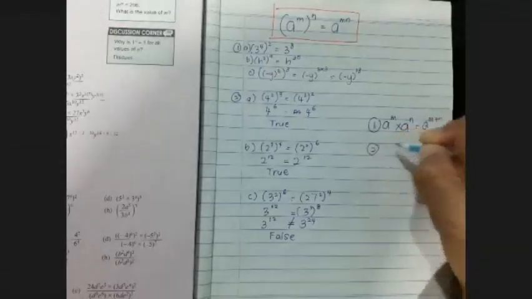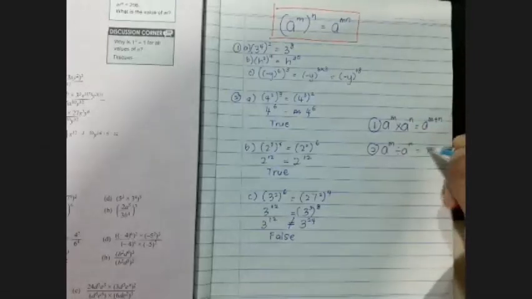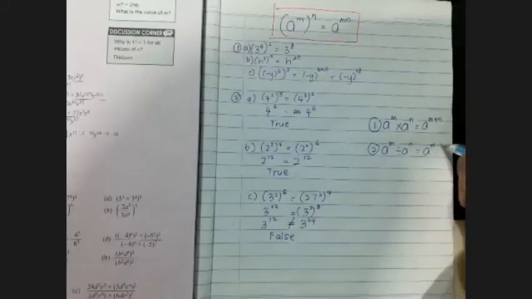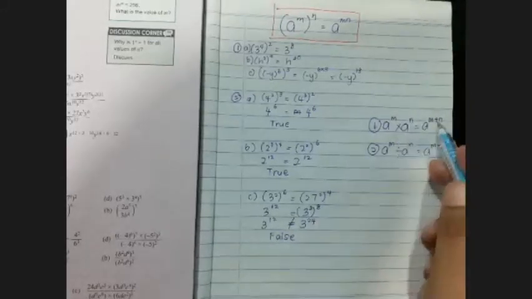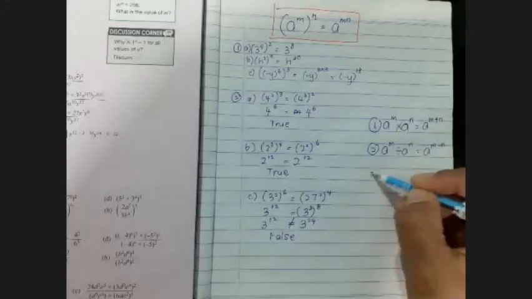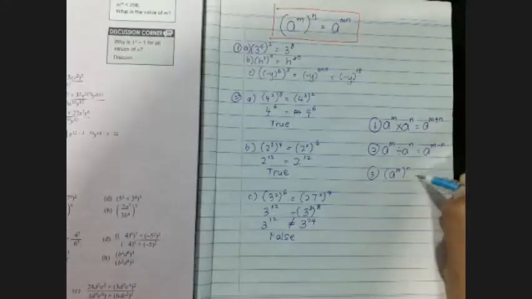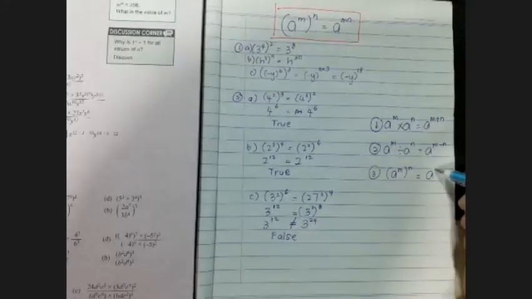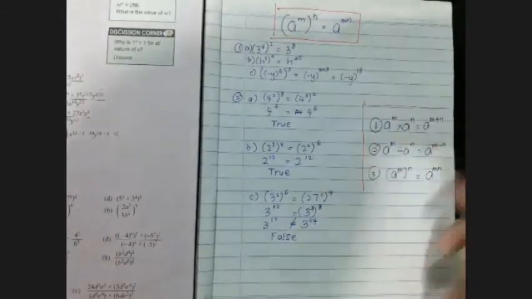And the second one, A power of m divided by A power of n equal to A power of m minus n. When divide, minus. When multiply, the index we plus. And last one, A power of m in bracket power of n is equal to A power of mn. So today we learn 3 laws.